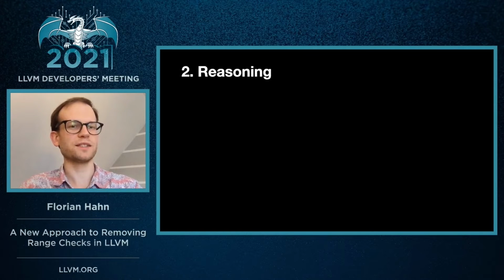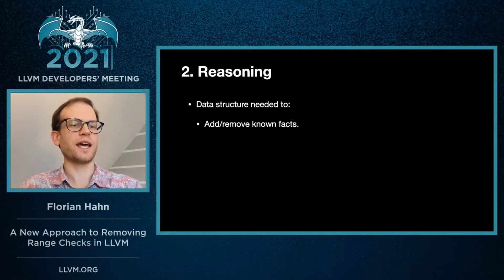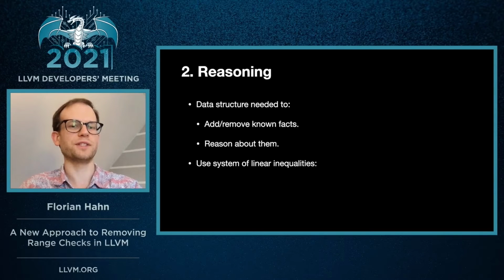Next, we need to reason about the facts. To do so, we need a data structure that allows us to, on one hand, add and remove known facts as we go along in our traversal, and the data structure also needs to allow us to reason about the known facts we collected. To do that, we use a system of linear inequalities.